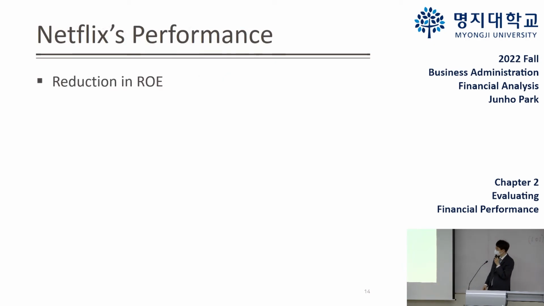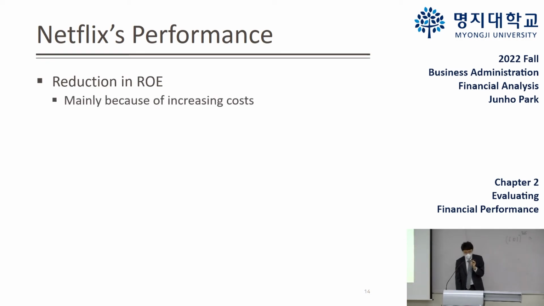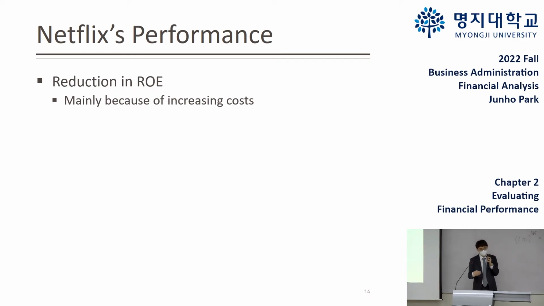There was a reduction in ROE, and this is mainly because of the profit margin part, because of the increasing cost. So if we think about the Netflix situation further, we can guess the following things.